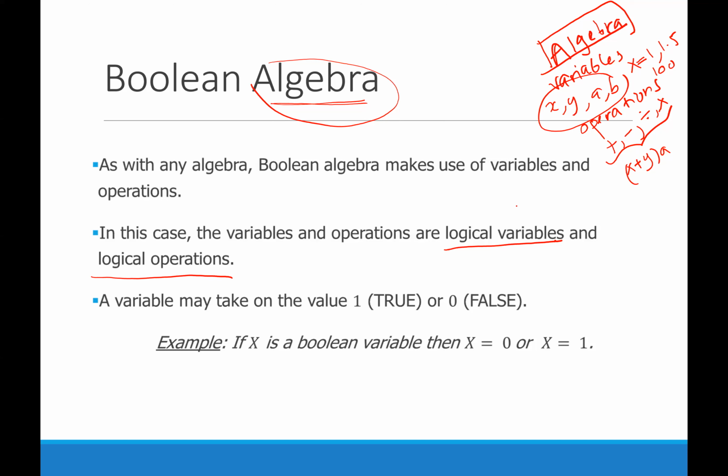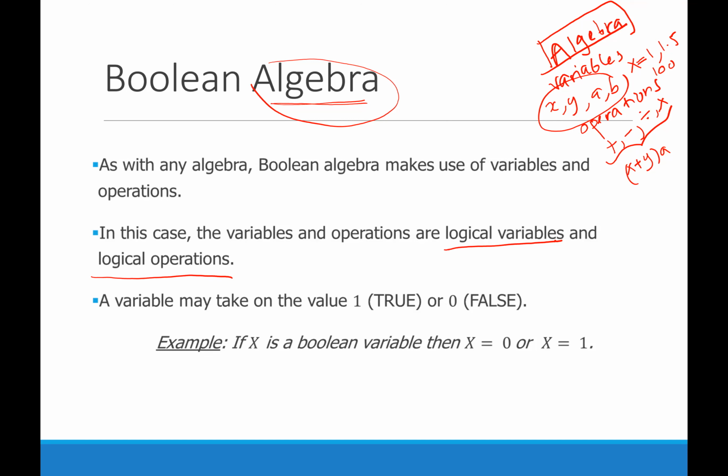What will happen if we take any variable in Boolean algebra? It can take only two values. What are those values? The values are 1 and 0.